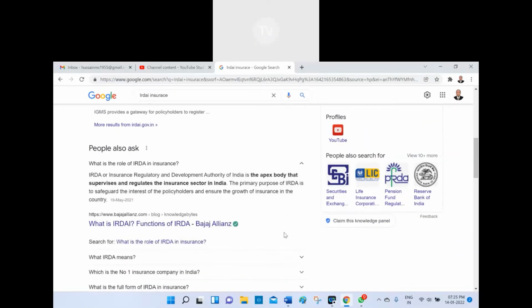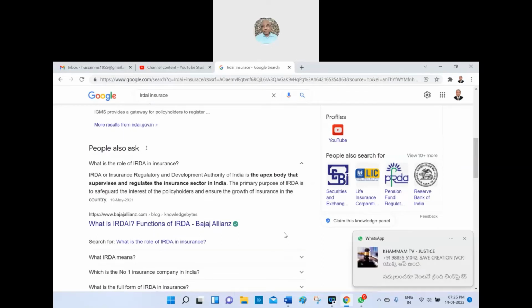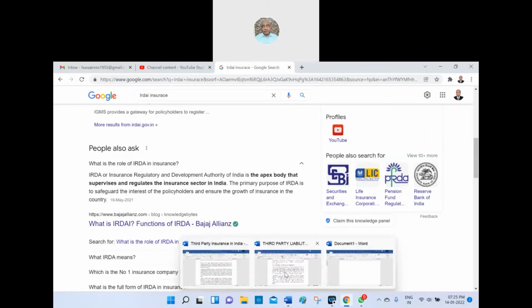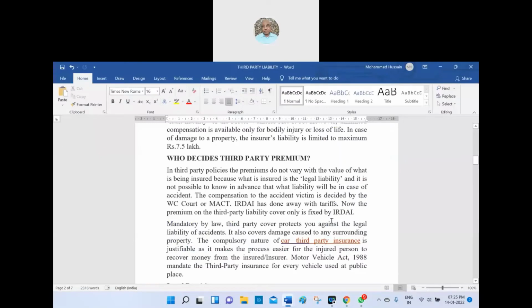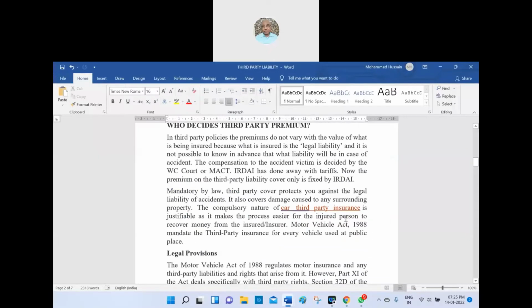IRDA means the Insurance Regulatory and Development Authority of India. It is the apex body that supervises and regulates the insurance sector in India. It also resolves issues in insurance matters. It also fixes the third party premium. Mandatory by law, third party cover protects you against legal liability in an accident.